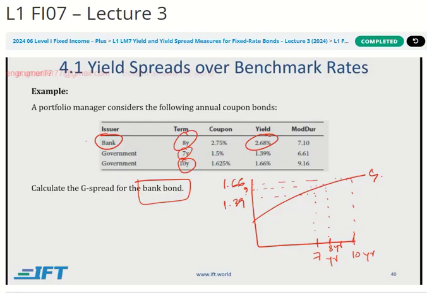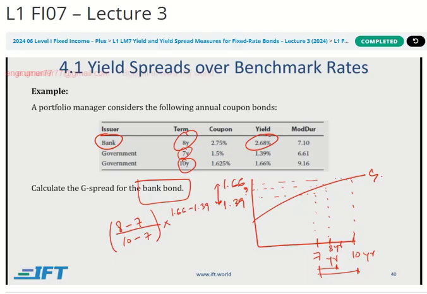Okay, so hopefully you were able to get it. Before I show you the solution, I want to calculate it with you. First, what's the difference between 7 and 10, and what's the difference between 7 and 8? That's what we are interested in. So 8 minus 7 divided by 10 minus 7, and that distance we multiply with 1.66 minus 1.39.